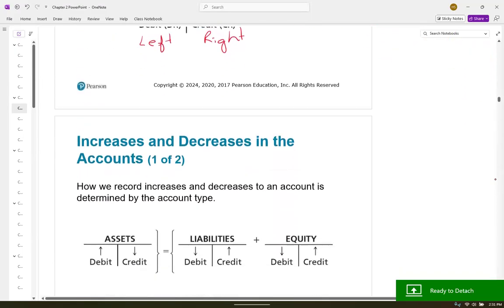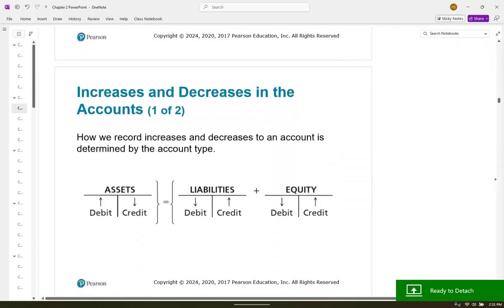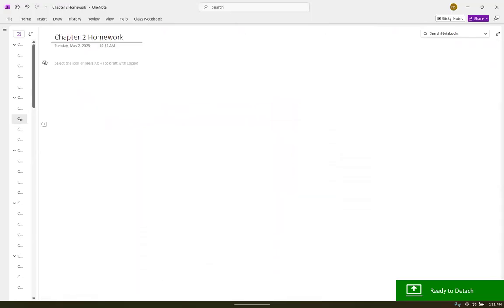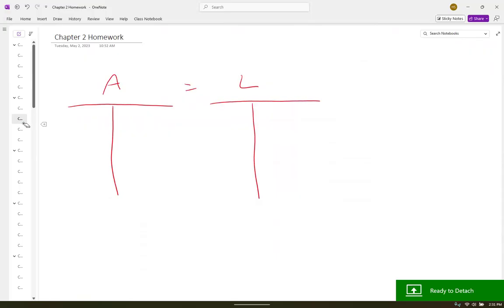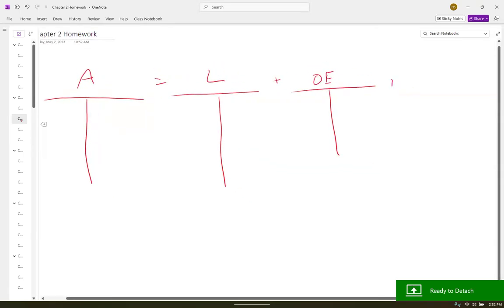All right. So I am going to come over here and I'm going to draw the accounting equation out again in T accounts. And you'll see the reason I do it this way in just a second.